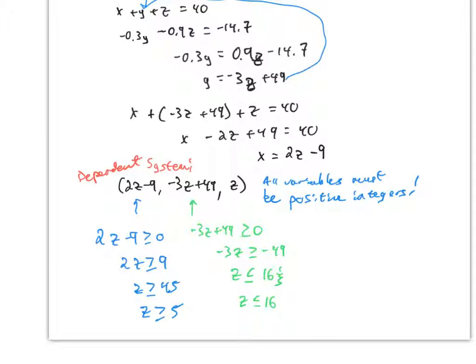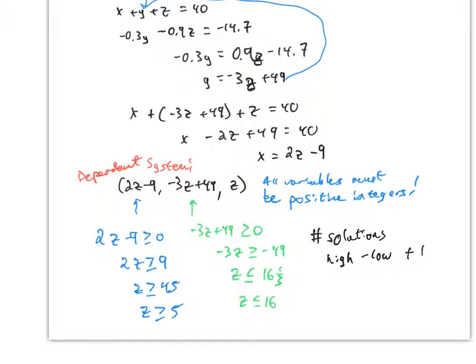So in order to get the final number of solutions to this problem, the different combinations that work, there's an easy way to do this. You're going to take the high z number on your inequalities, subtract the low one, and then add 1 to it.